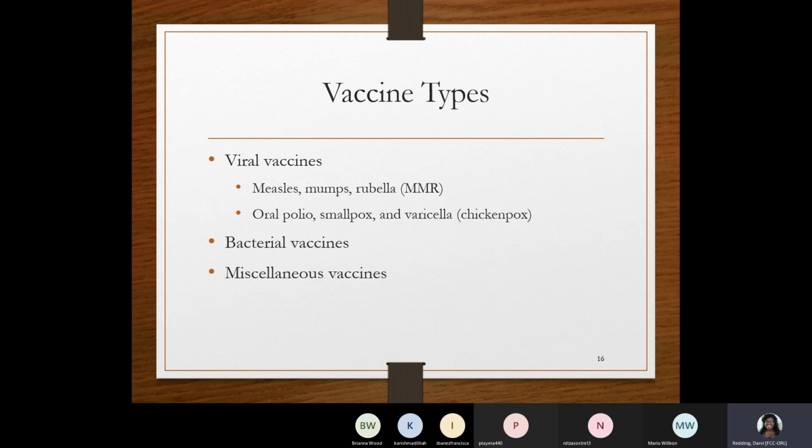So hepatitis is a disease, inflammation of the liver. So you have different types of hepatitis vaccines. So you have the hepatitis A vaccine, which its brand name would be Havrix, or a hepatitis B vaccine, which its brand name would be Engerix B.